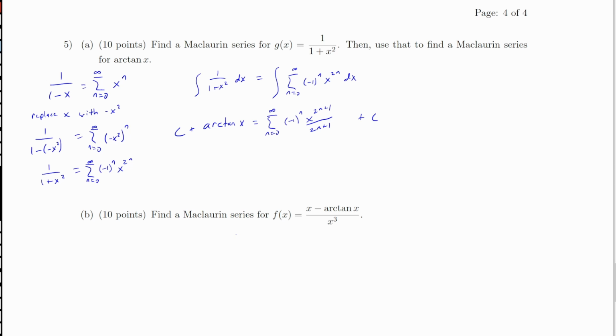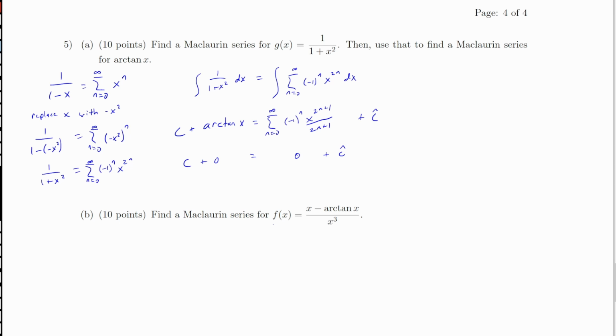What we want to do is make sure that the two sides line up. So if I plug in 0 on the left, I'll just have c. Maybe I should use a c and a c hat just to be clear. So if I plug in x equals 0, we'll get c. And if I plug in x equals 0 here, I'll get 0. So the constants are the same.